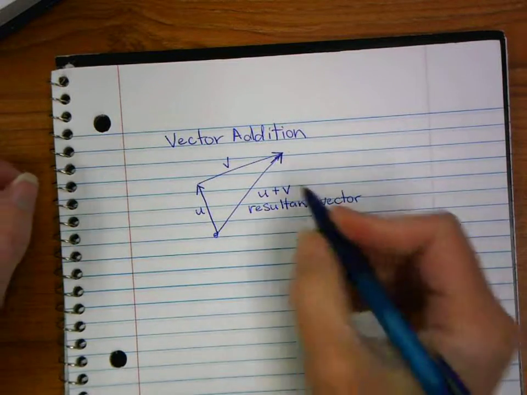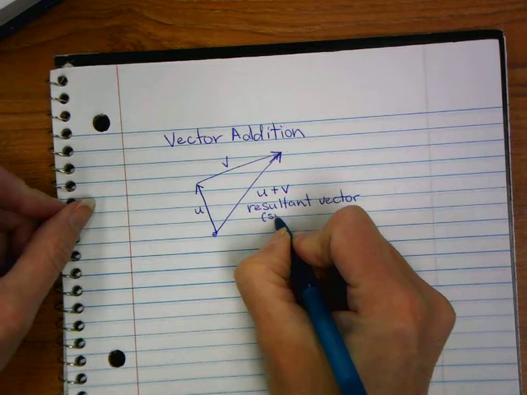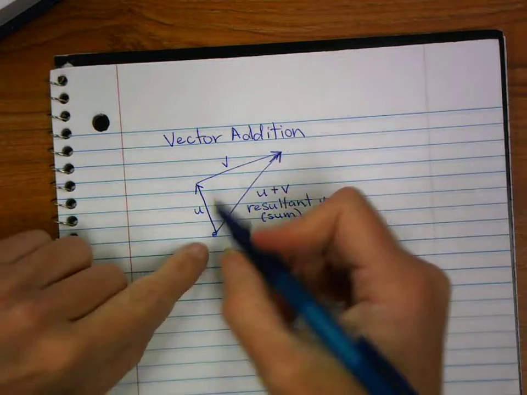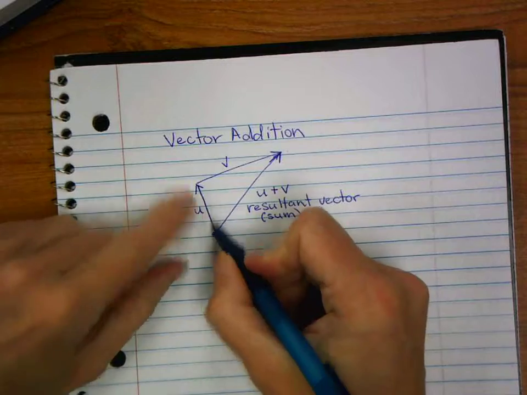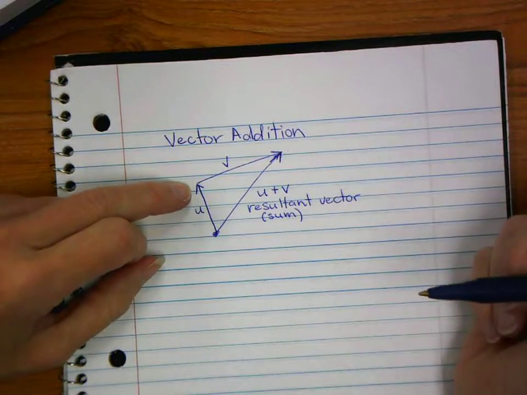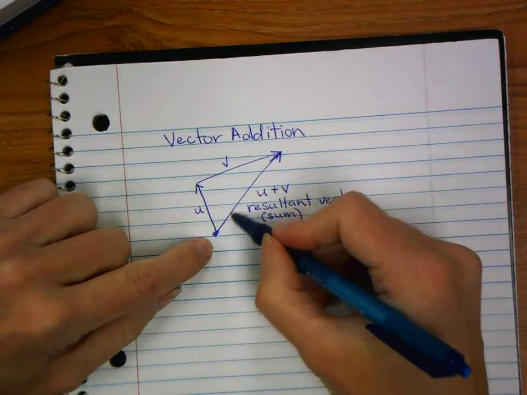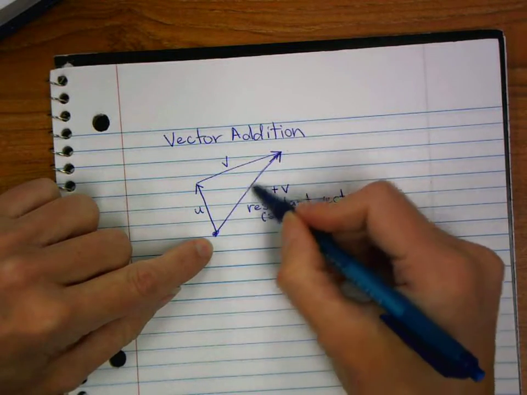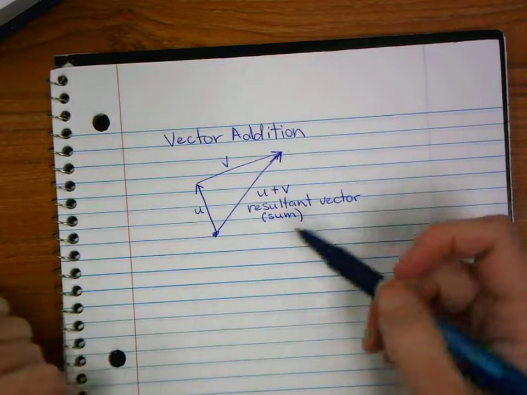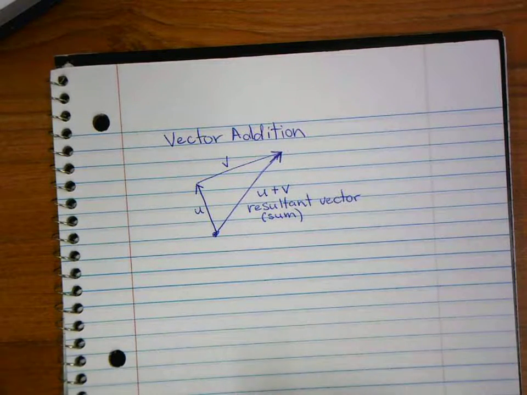The resultant vector, and sometimes you'll see it as sum vector, and that's obviously because we added. So geometrically what's happening is that we have our initial point of our first vector and the terminal point of our second vector. And what we're doing then is basically calculating the magnitude or distance of our resultant vector.